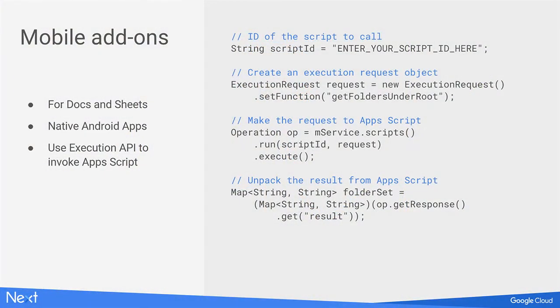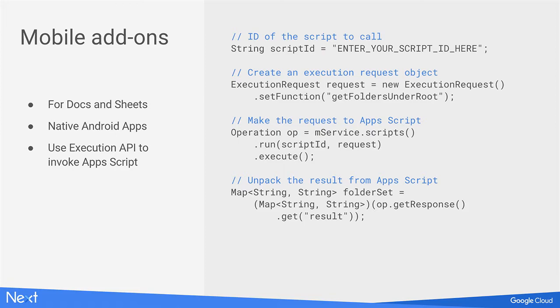So I'm gonna tell you about some of the new exciting features that we've got in the works. First off, mobile add-ons have been out for a while. These aren't really new anymore, but we have the support for Docs and Sheets. And the cool thing about mobile add-ons is that they're native Android apps, which means if you already have an Android app, you can make it into a mobile add-on.